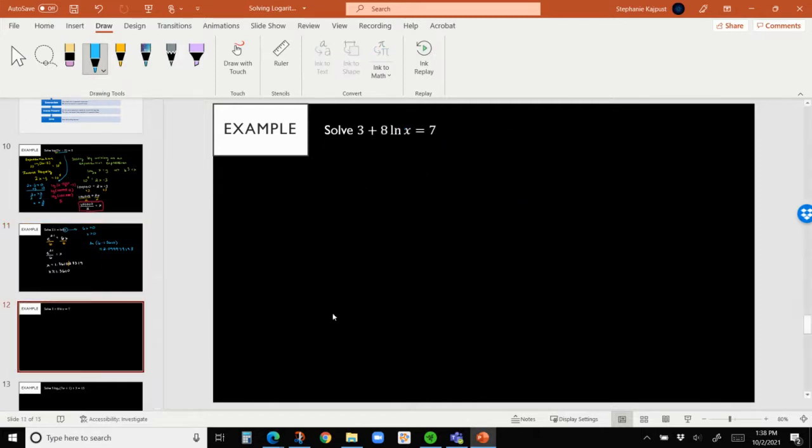Okay, so let's do this one here. This is another natural log, but we've got some things added, we've got some things multiplied. So we need to get the natural log part by itself before we do anything else. So we are just trying to get the natural log of x by itself. So first, you're going to subtract 3 from both sides.